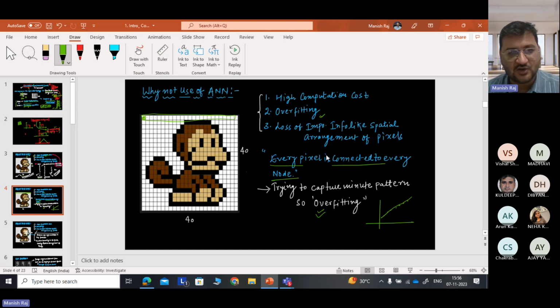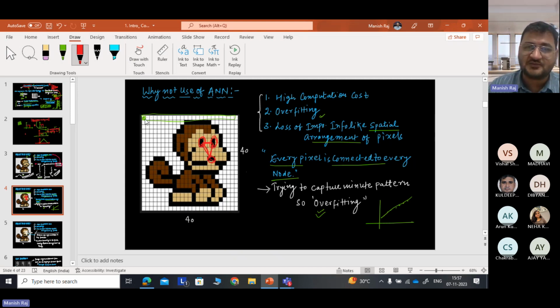That is the loss of spatial arrangement. What is the meaning of spatial arrangement? Try to understand like this. This is a picture of a monkey, and these are the eyes and this is the mouth. Spatial means the coordinate system should remain the same, meaning the distance between the eyes and the mouth should remain the same if you want to find this feature.